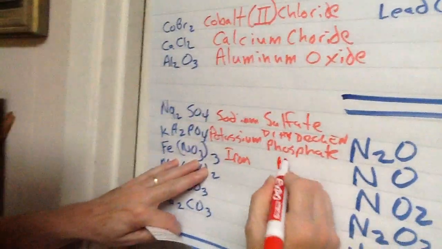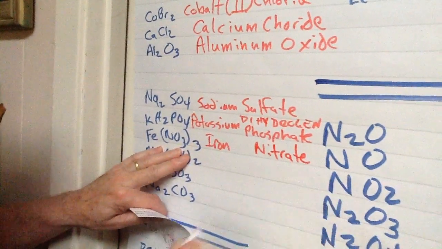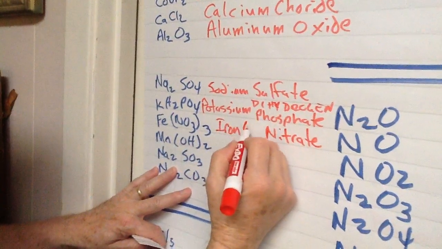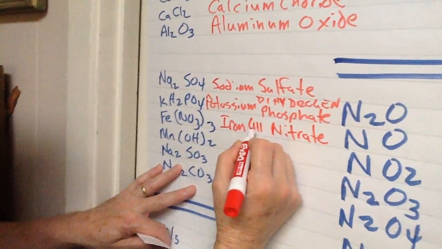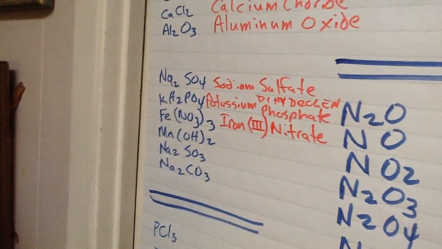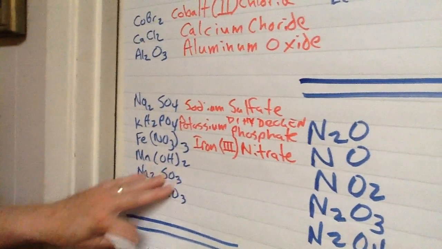This has 3 nitrates. Nitrate is always -1, NO3 minus. There's 3 of them, so this must be iron Roman numeral 3 nitrate. Okay? Here's manganese hydroxide.